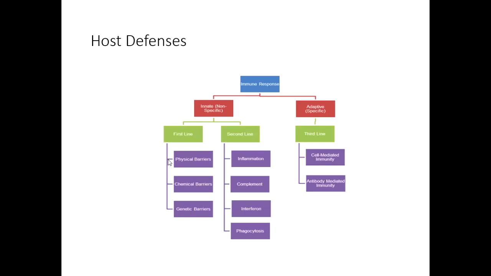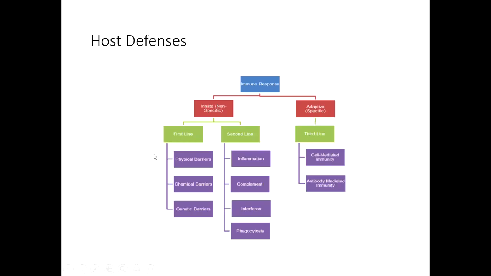The non-specific is the first response that the body has. It's innate because it's what you are born with. It's non-specific because it acts the same regardless of the microbe or the antigen. So it doesn't care if it is the flu virus or if it's a bacterial infection or if it's a parasite. The non-specific innate responses are going to behave the same way.